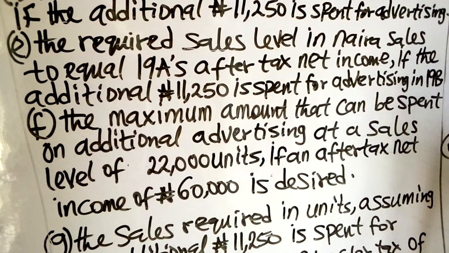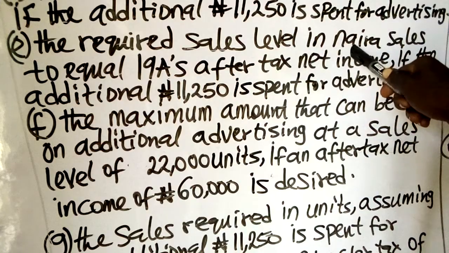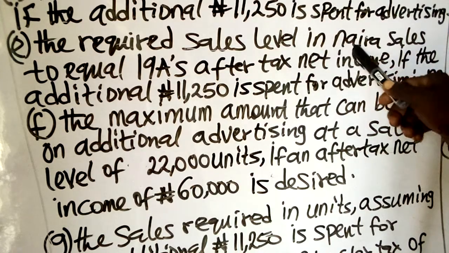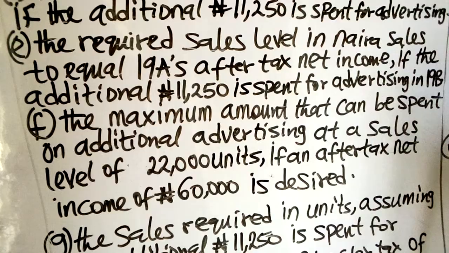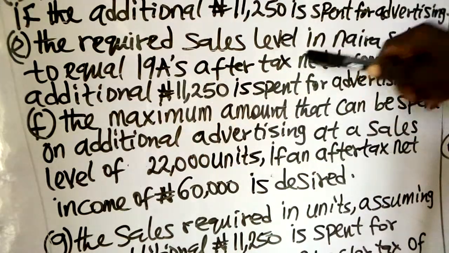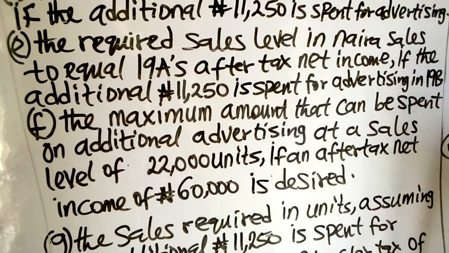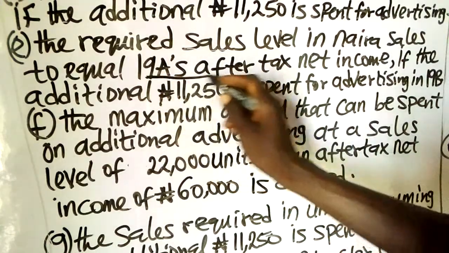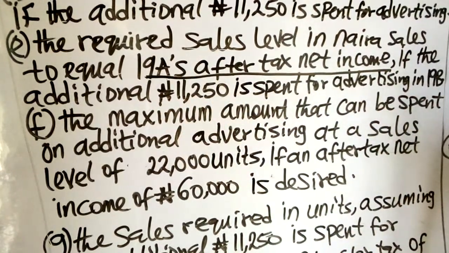This is not an income statement. The required sales in naira means the value of sales to equal 19A after tax net income. So your targeted profit is the 19A after tax net income.